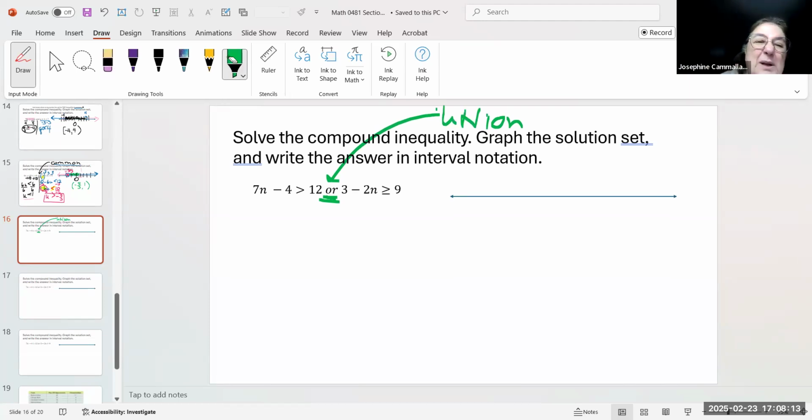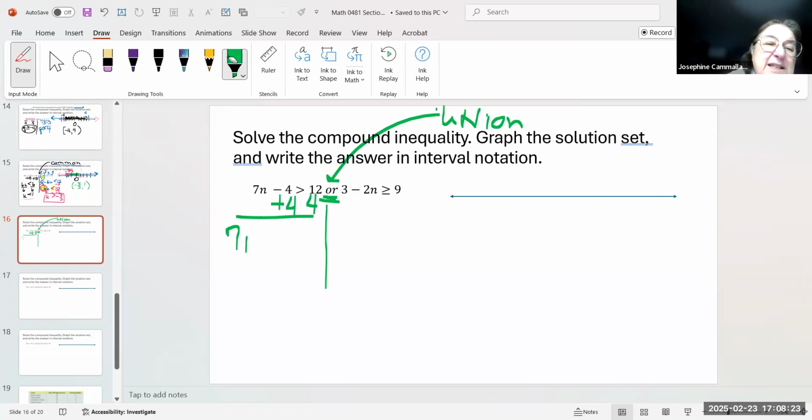Okay. Well, I'm going to draw a line here. Now, I'm going to add 4 to both sides. This will give me 7n greater than 16, and I'm going to divide by 7. N is greater than 16/7, which is about 2 2/7.